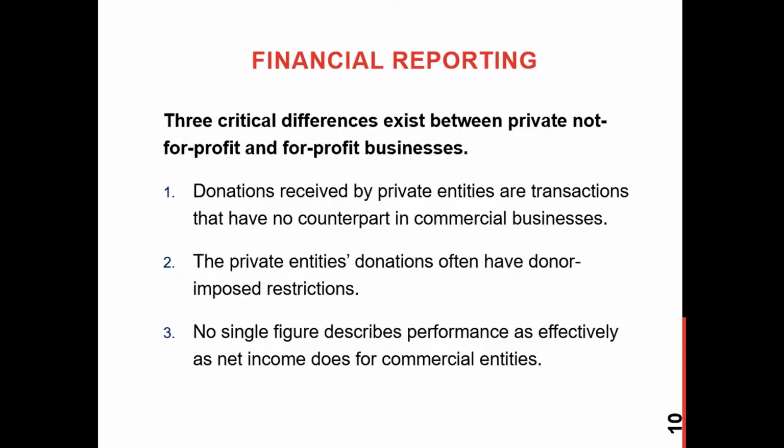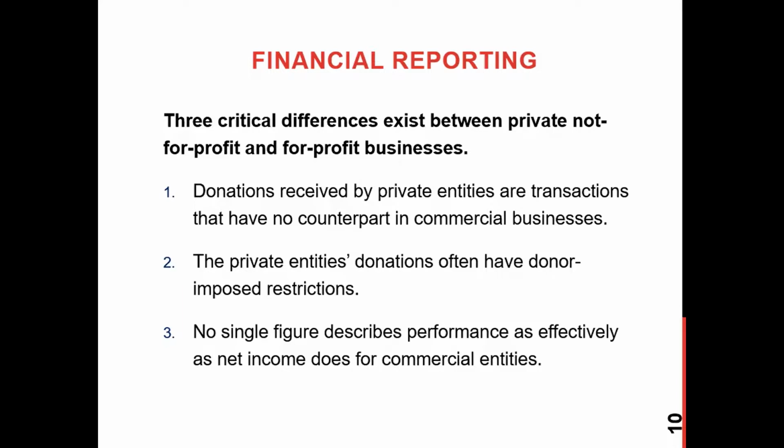So you will see there is a distinct difference between private not-for-profit and for-profit business, although both standards are developed by FASB, and in most cases the basic concept is similar accounting concept, but there are some differences.